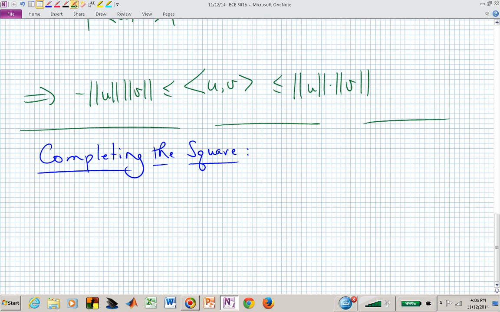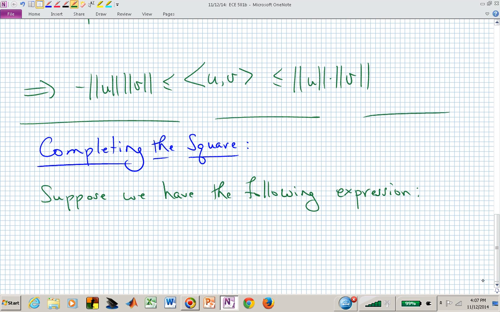And really what we're looking at is trying to make sense of a particular expression. So suppose we have the following expression, which is, let's say, x squared minus alpha xy plus, let me include another coefficient, beta times y squared.